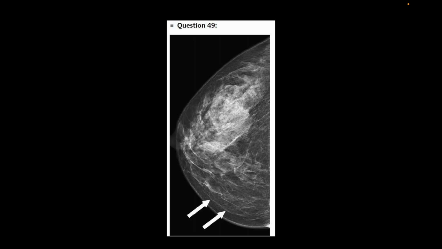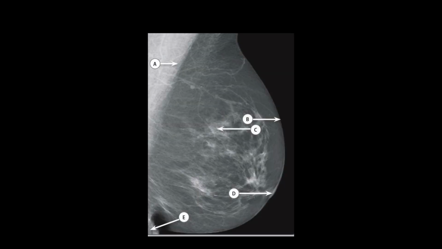So this is a CC craniocaudal breast mammogram, and they're pointing to this linear structure here, and this is a Cooper ligament or suspensory ligament of the breast. This is an MLO view, and this is pec major. B is the skin, C is the fibroglandular tissue, D is the nipple areola complex, or nipple is what they've said in the answers, but I think if you say nipple areola complex or nipple, it should be fine.